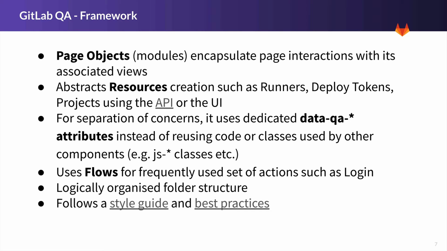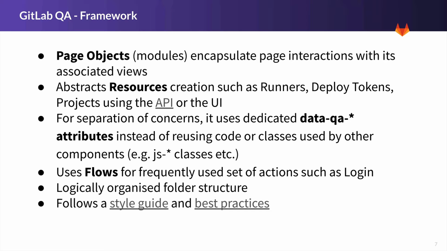We can abstract resource creation. This is very useful when we are creating projects that are needed when we are running the tests. Most of our tests actually need a project. So in order to accelerate that, instead of creating it manually through the UI, we can just create it via the API and speed up our test execution.